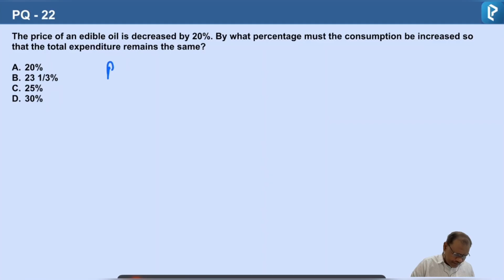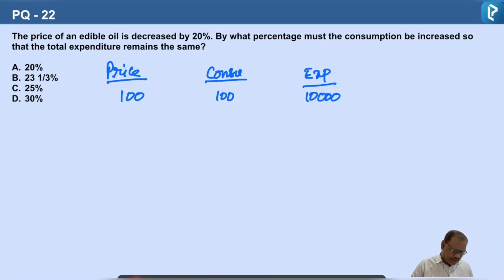We should write down the titles: price, consumption and expenditure. Let us assume the price as 100, consumption as 100, expenditure is 100 into 100, 10,000. The price decreases by 20%, so it becomes 80.